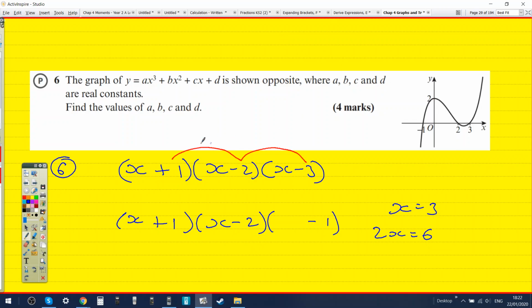Let's see. So it would be 1, -2, -3. They make +6. So we have to times by a third. I think it would just be like a third on the outside. Is A just a third?